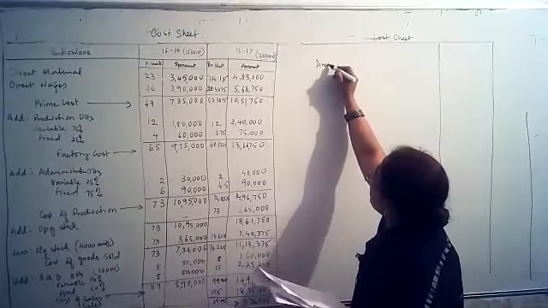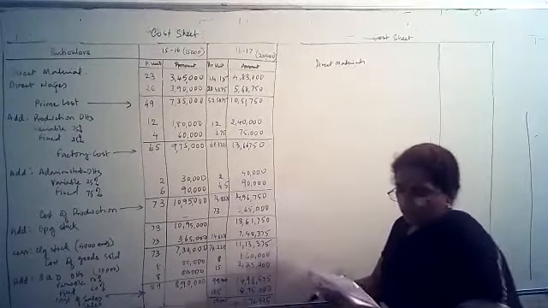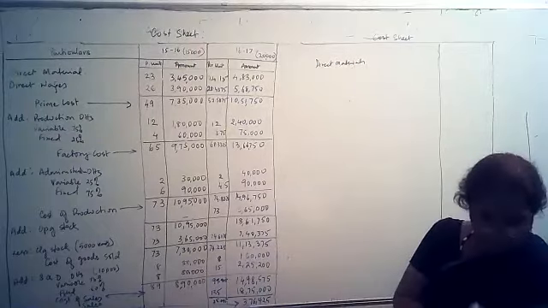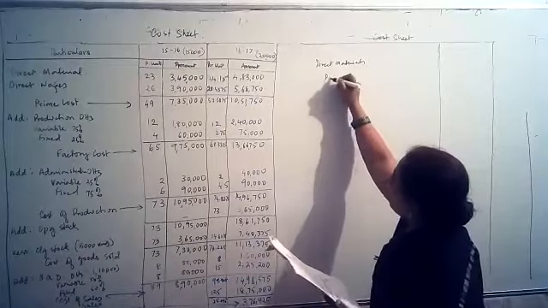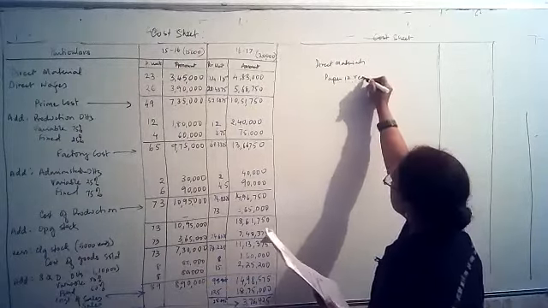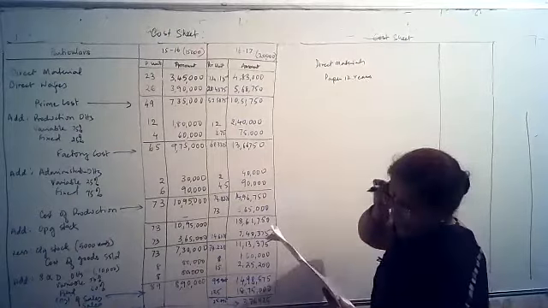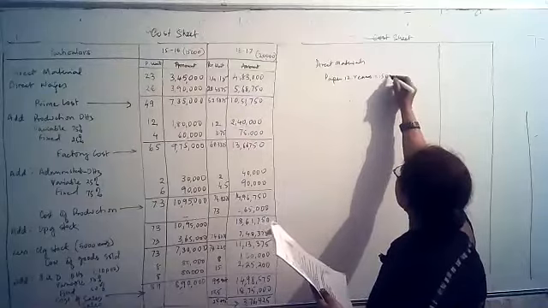First is my direct material. Write down everything they have given. First is paper. Paper is 12 reams at 1,500, so 12 into 1,500.